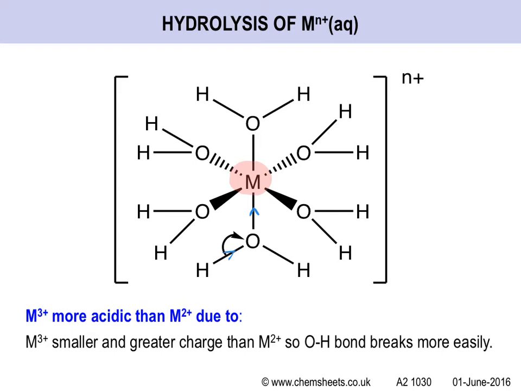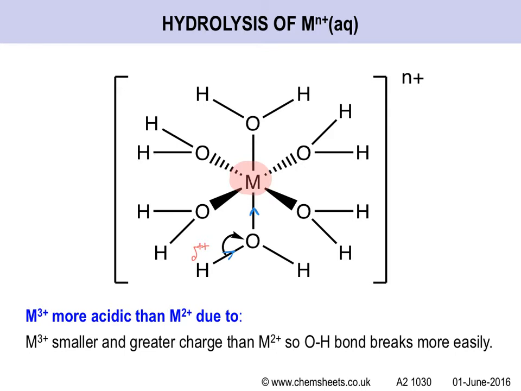That's what we're trying to show there, which means that we end up with an even greater delta positive charge than we might otherwise have had on our hydrogen, and the bond is now easier to break.